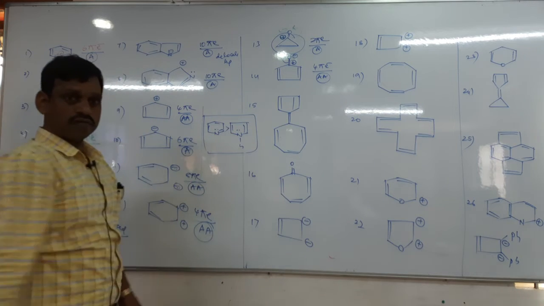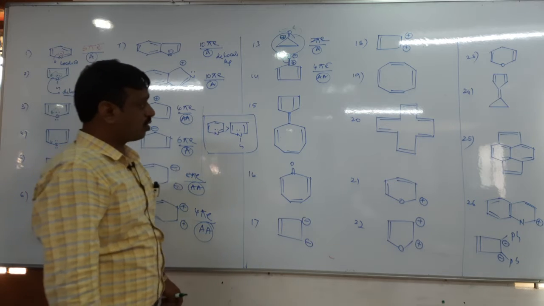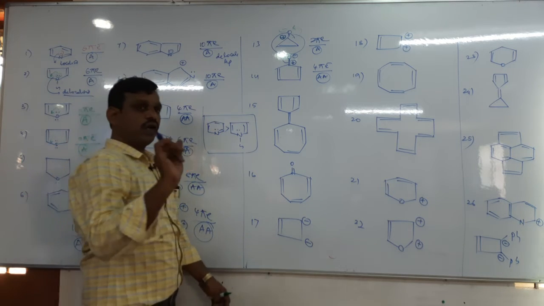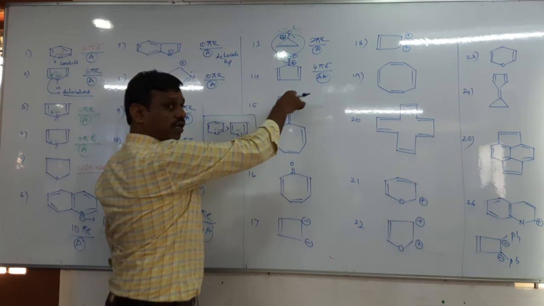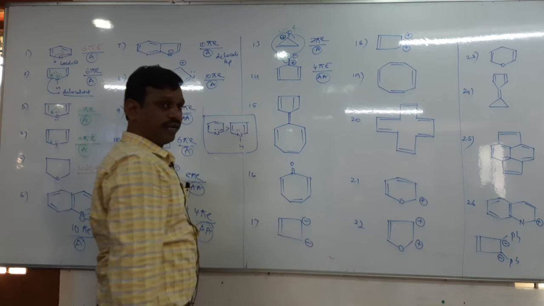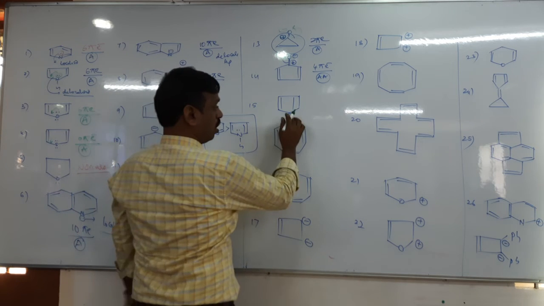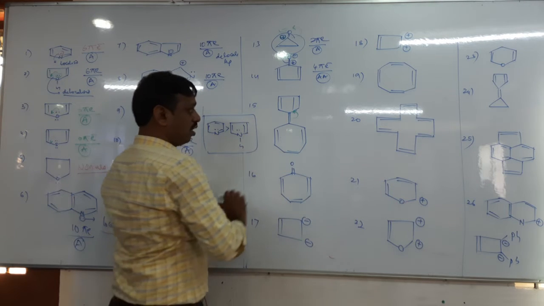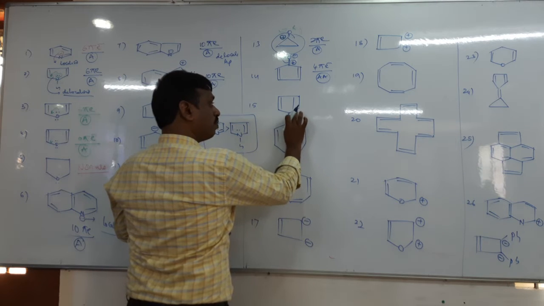Next, tell me here. This is again another different question. Now tell me, there are 2 rings. One is a 5-membered ring, the other a 7-membered ring, right? Now there are 2 possibilities. Suppose this pi bond shifts to this side, towards the 5-membered ring.